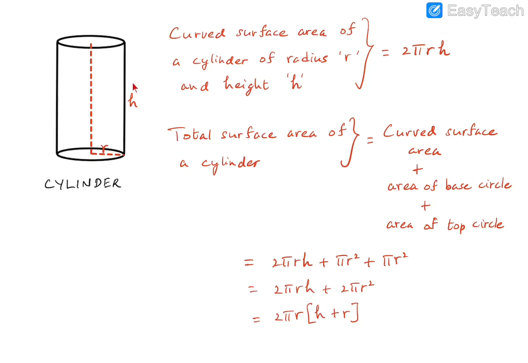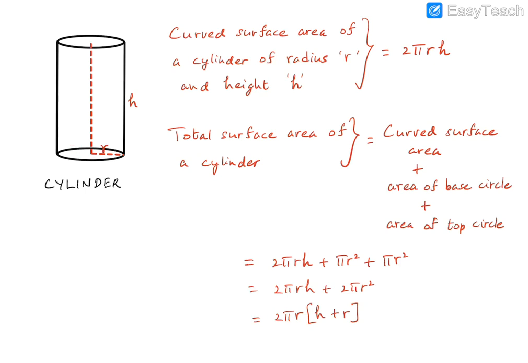Without those areas, whatever is the remaining part on the surface of the cylinder, that's called the curved surface area. And then we'll have the total surface area, which will be the curved surface area plus the area of the top circle and the area of the bottom circle. So that will give us the total surface area of the cylinder. Okay, now if you notice, if you have a cylindrical shape, for example, we could roll a paper in the form of a cylinder.